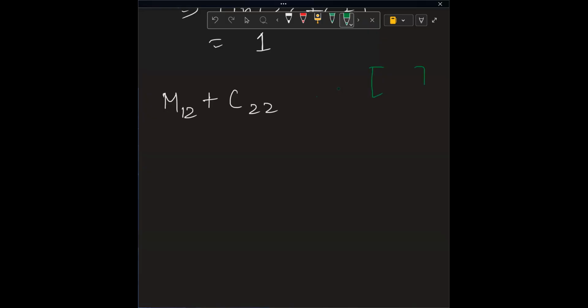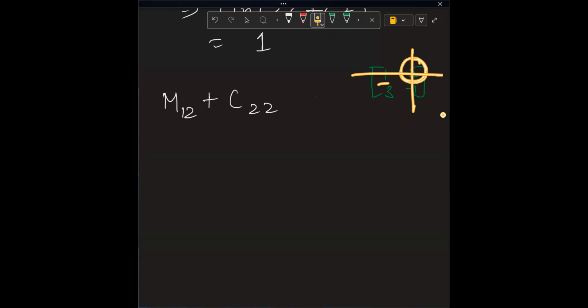This is your matrix, 3 minus 1. This is the 1 2 element, right? This is 1 1, this is 1 2, this is 2 1, this is 2 2. So this is your M12.